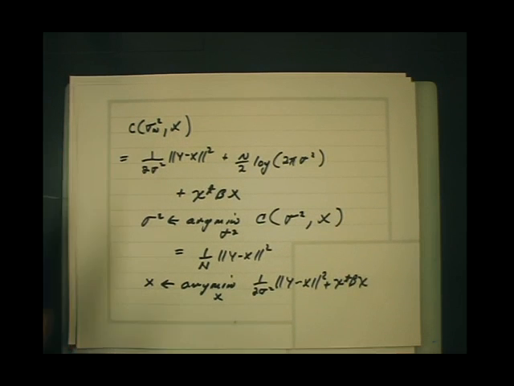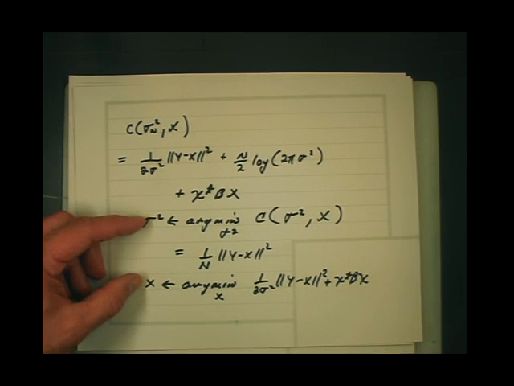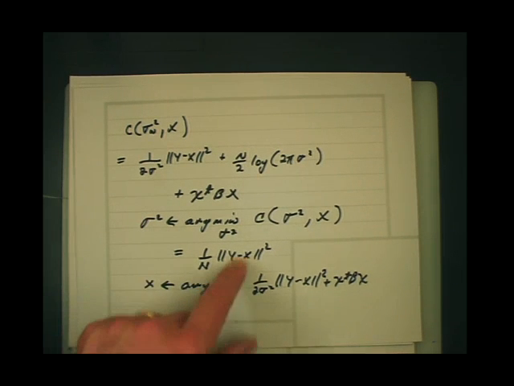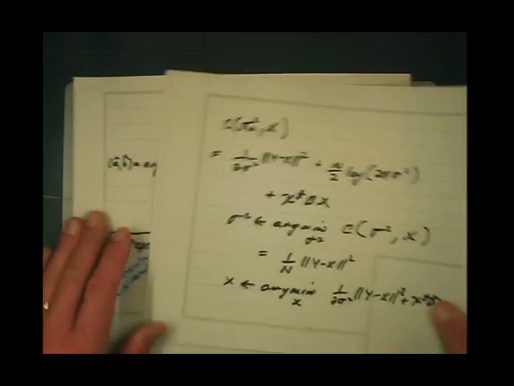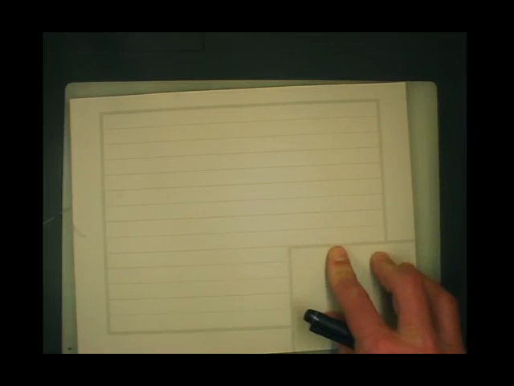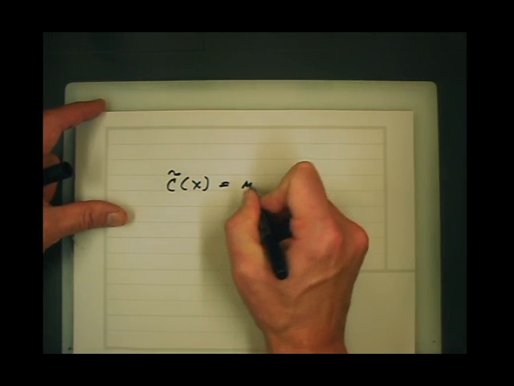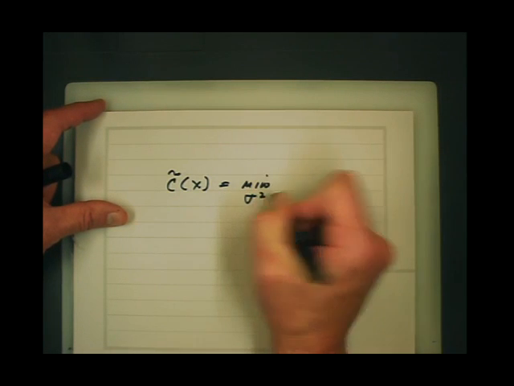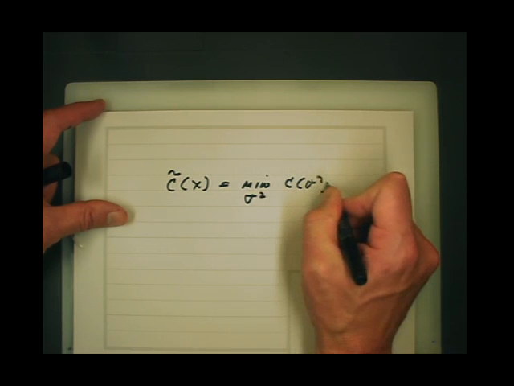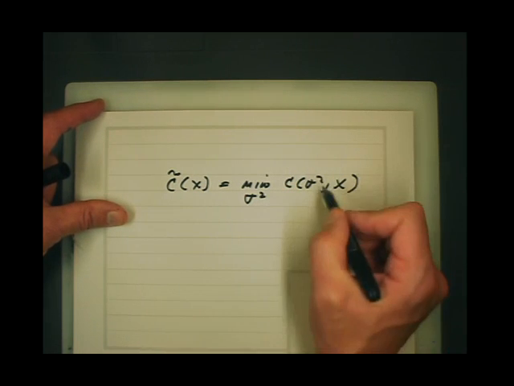Now, one thing I'd point out in the notes is that when you're minimizing alternately with respect to these two, you could also minimize this cost function differently. You could define a new cost function, we'll call C tilde of x, which is the minimum over sigma squared of the cost in sigma squared and x.